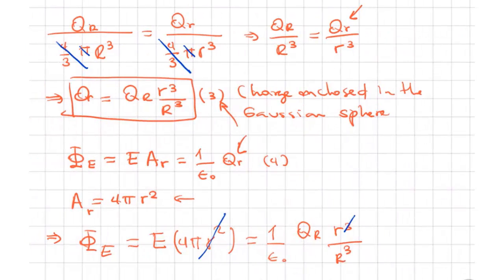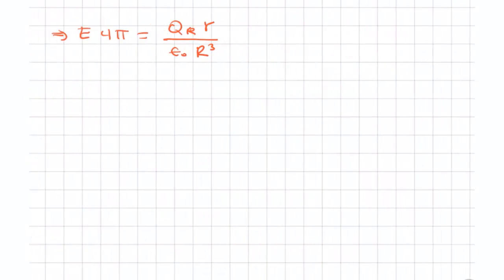Okay, we clear the electric field, and we have that the electric field is equal to QR r divided by 4π epsilon 0 R cubed.